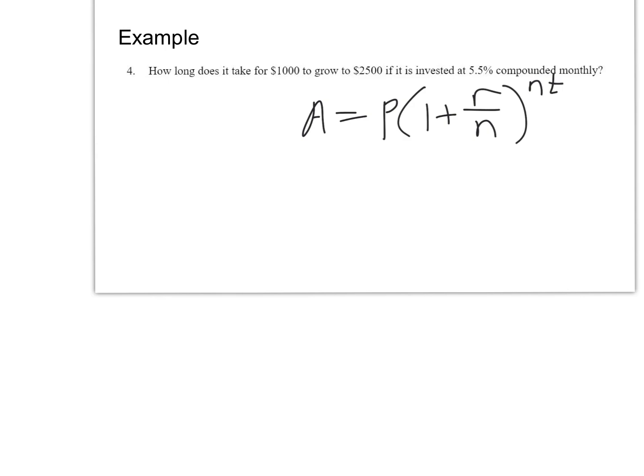All right, so let's go through this. How long does it take $1,000? That's our principal. To grow to $2,500, that's our amount afterwards. If it's invested at 5.5% and it's compounded monthly, so that's these guys.